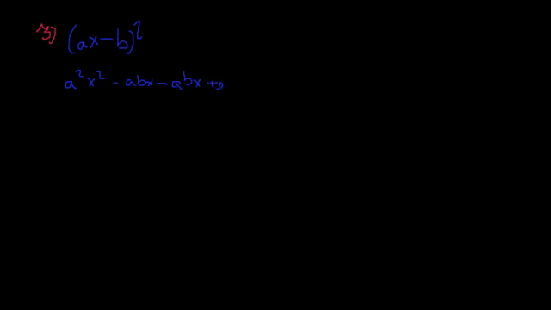Because remember, we're foiling negative b and negative b as our last thing. Well, what's a negative times negative? That's a positive, so that's positive b squared. So it's adding b squared. A squared, x squared, that's going to be simplifying to minus 2abx plus b squared.